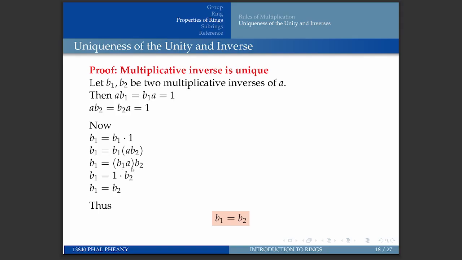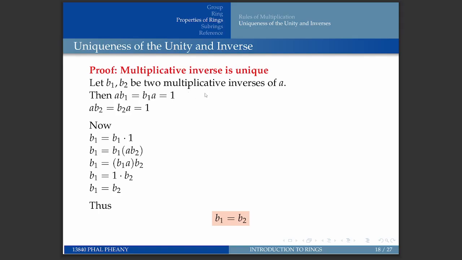So we get (B1 times A) times B2. So B1 times A is what? B1 times A is equal to 1. So we get B1 equal to 1 times B2. So we get B1 equal to B2. So the final solution is B1 equal to B2, which means the multiplicative inverse of A is unique.